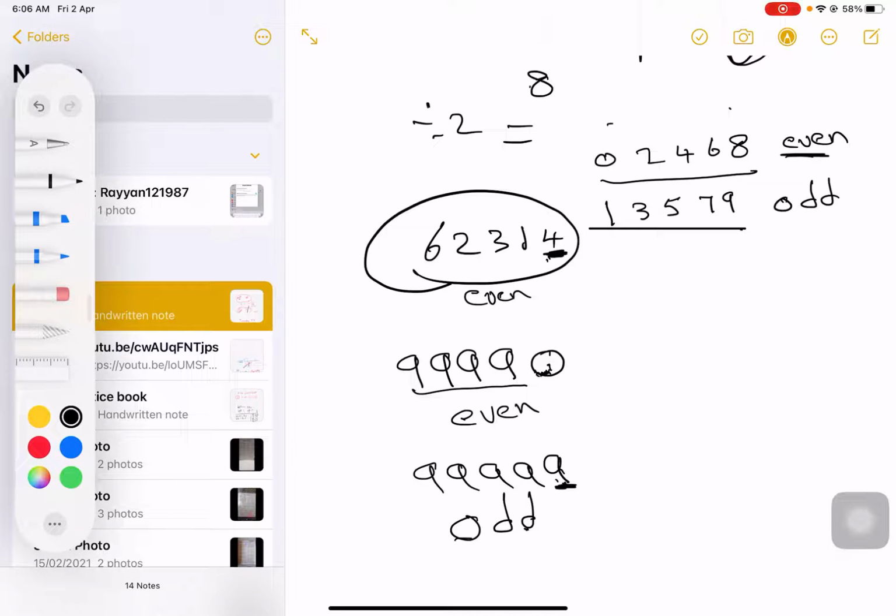Now, we are going to solve questions on these rules to decide: is this number even, so it is divisible by 2? Is this number odd, so when divided by 2 it will have a remainder, so it is not divisible by 2?